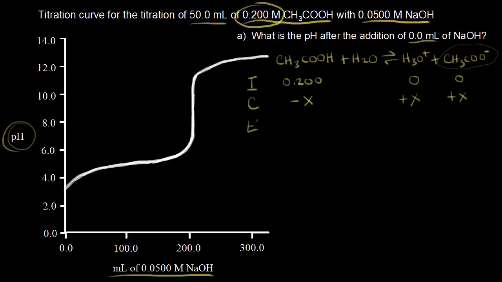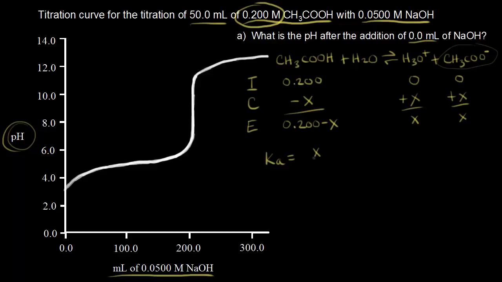So at equilibrium, our equilibrium concentration would be 0.200 minus x, and then over here we'd have plus x, and over here we would also have plus x. So when we write our Ka expression, our equilibrium expression, Ka is equal to the concentration of products over reactants. I'll just go a little bit faster since we've already done a video on all of this, so make sure to watch the video on weak acid equilibrium before you even look at these.